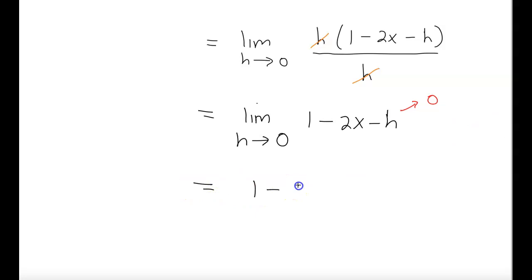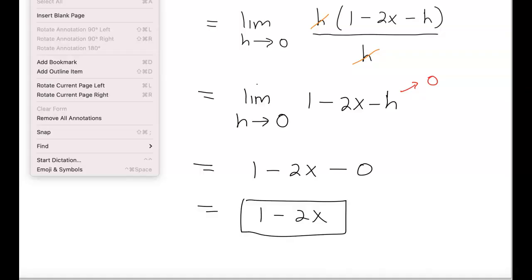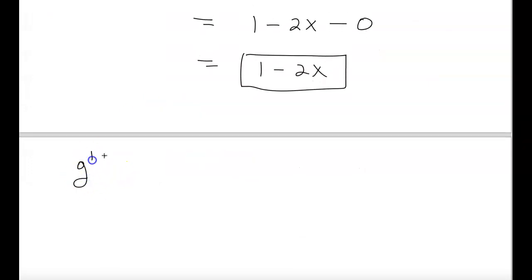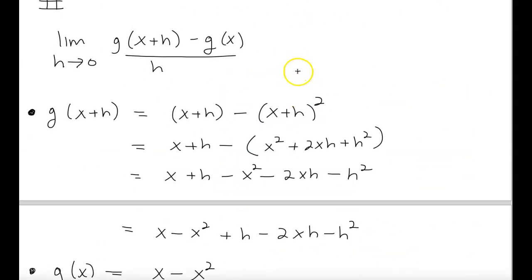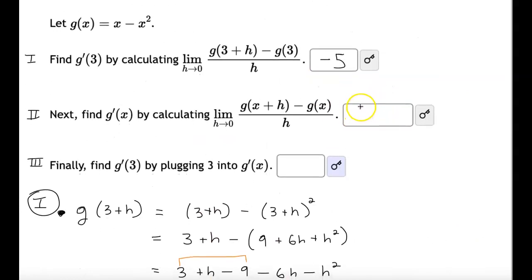That's just going to be 1 minus 2x minus 0, which is equal to 1 minus 2x. So the general derivative, g prime of x, not at a particular point, not at 3 this time, is going to be 1 minus 2x. So that's what we're looking for in the second box here.